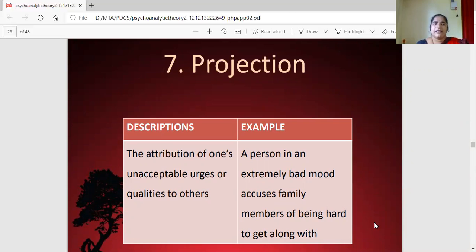Okay, so all these seven behaviors are manipulated by the ego so that there is a balance between id and ego, and they will have minimum pain, and they can move along from the negative things. So all these seven mechanisms are to hide from the reality, to hide from the pain which they are facing. Okay, so this is all about Freud's psychoanalytical theory.